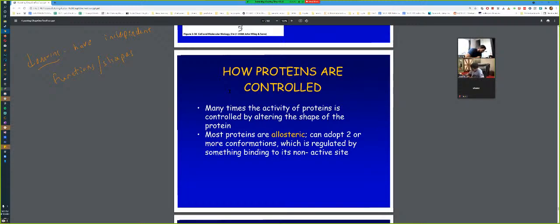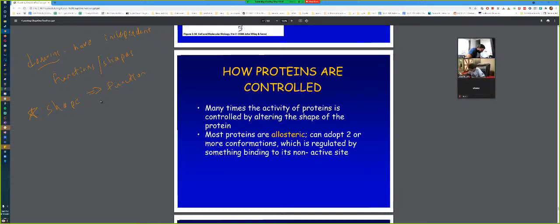So I would write something like this. Shape, the arrow function. Essentially, the shape dictates the function. They're essentially one and the same.